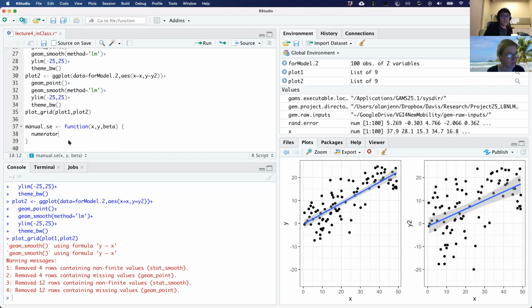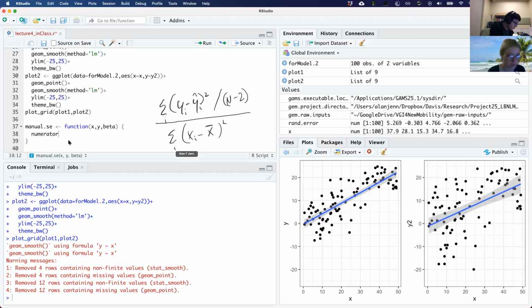The calculation for this is the sum of all the values of y minus y hat, squared, divided by n minus 2, divided by the sum of all the values of x minus the mean of x, squared. So this is over i, like so. And then take the square root of that.